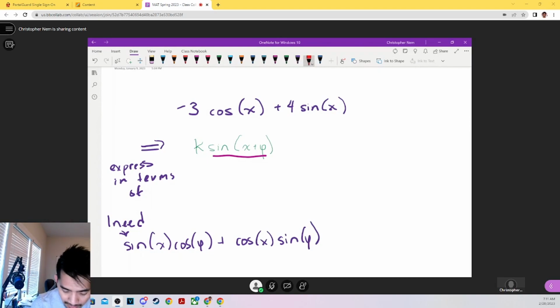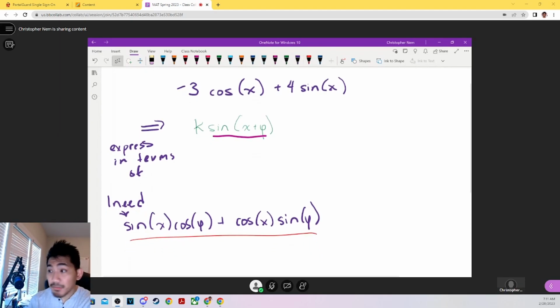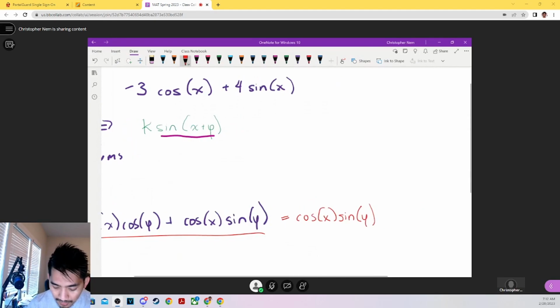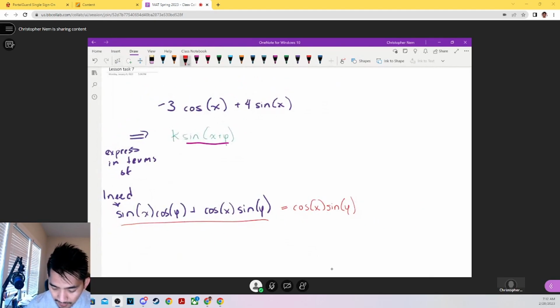I need this expression. Now, in this problem, it might be better if I reverse this. Remember, we can commute. It is perfectly fine. So I can just turn this into cosine of x. Let's use this theorem instead, because that's more helpful. Let me change some ordering around.